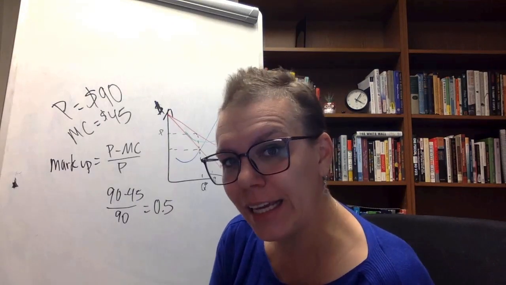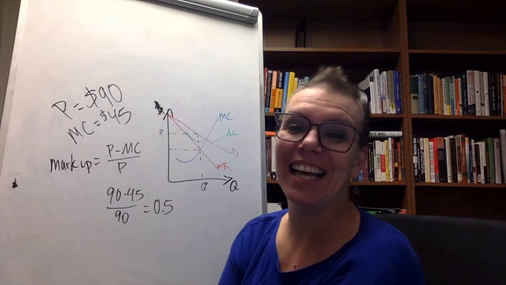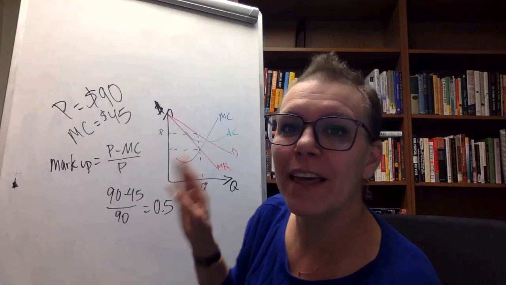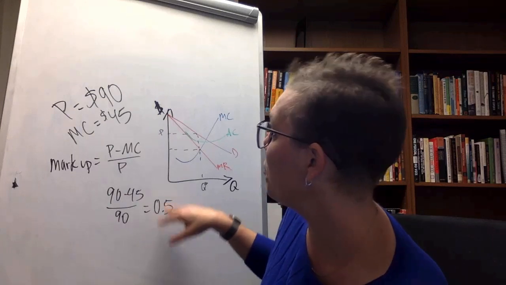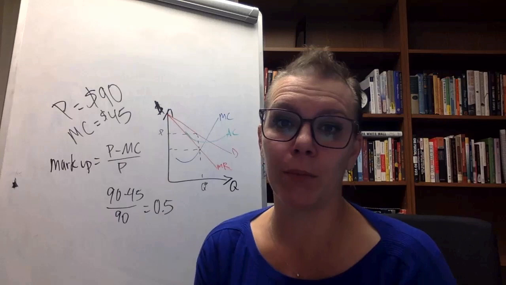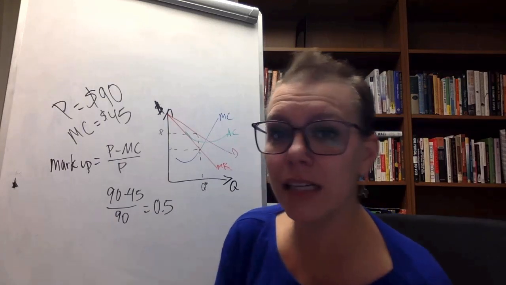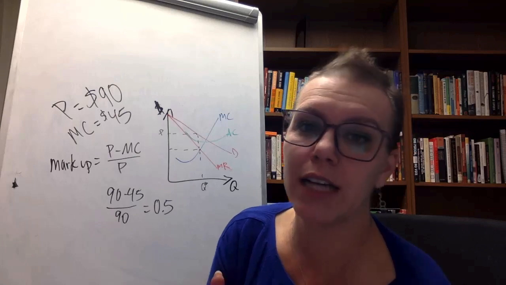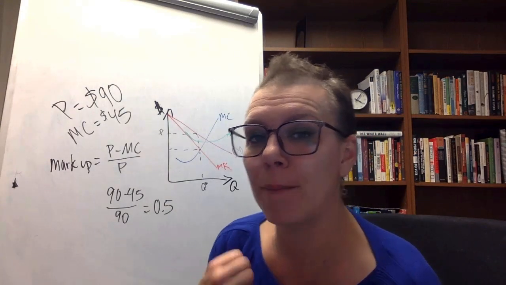So that's telling us, and we could see it, right, because we know math, that in this case the monopolist has marked price up 50% above marginal cost. And that's a measure of how much market power they have. We could take this and then ask about what the price elasticity of demand is, what the Lerner index is, those kinds of things, because that's going to give us a sense of how much market power this monopolist has.